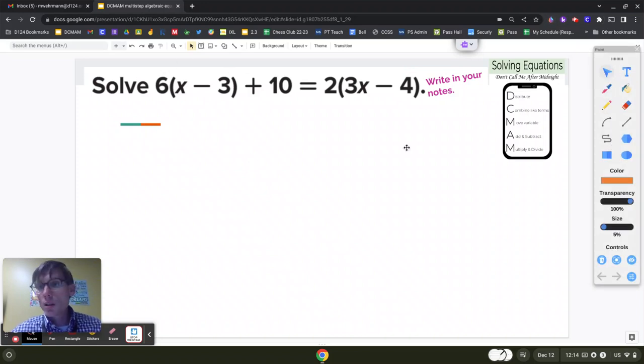All right, so we are, as we said, distributing the 6 to everything in there, distributing the 2 to everything in there. Okay, so what are we left with once we do that? All right, I'll go ahead and type it out here. We have 6x minus 18, because that 6 times 3 became that 18, right?